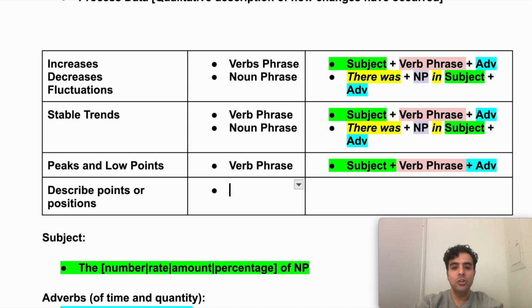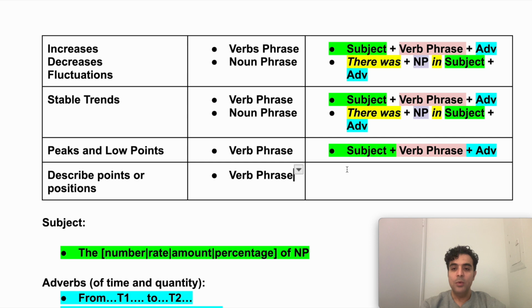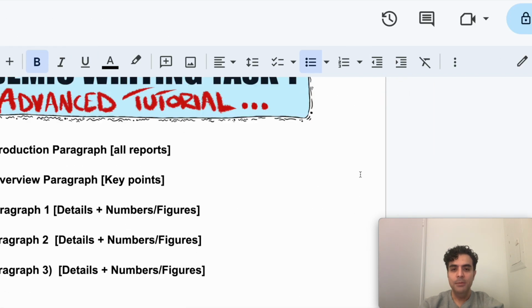And again, the structure we'll be using for this will be very similar to the verb phrase structures that we have seen before. So once again, we want a subject, a verb phrase, and adverbial construction.